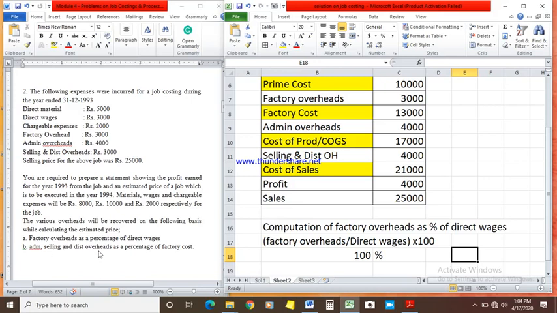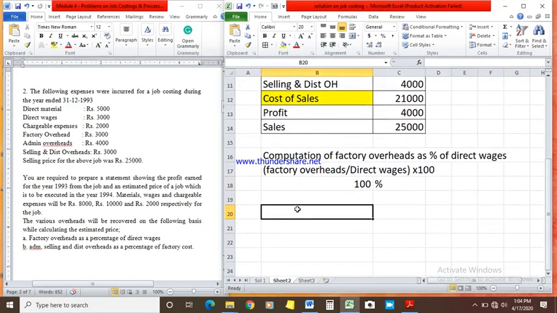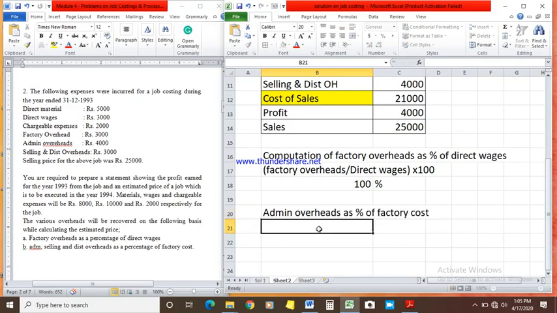Next, accordingly, administrative, selling and distribution overhead as a percentage of factory cost. So administrative overheads as a percentage of factory cost. The formula again goes like this: administrative overheads divided by factory cost multiplied by 100.